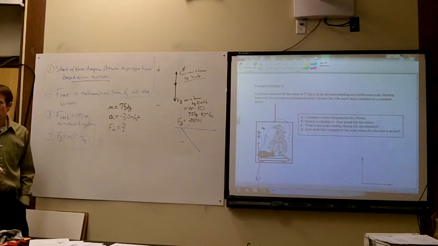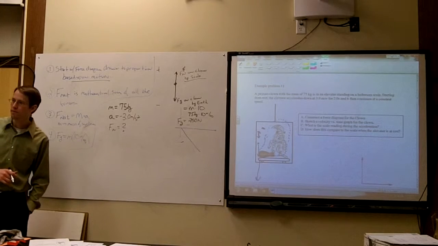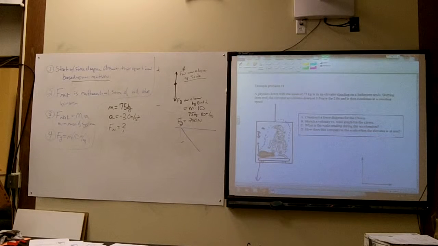Okay, now let's try to solve this problem. How can we come up with the value of force normal? You got to use these two principles right here. Any ideas? Gage, you got a shot? Take a shot.